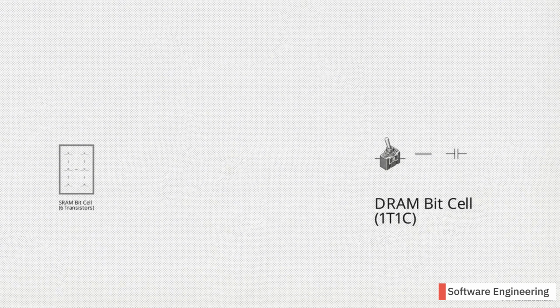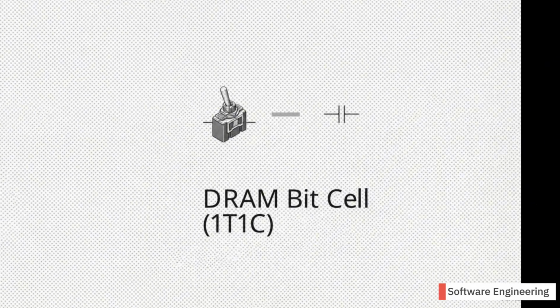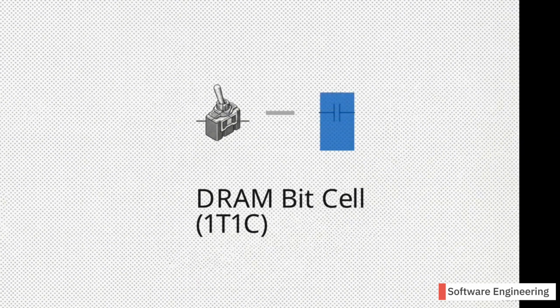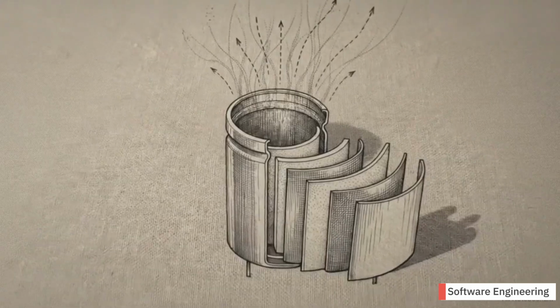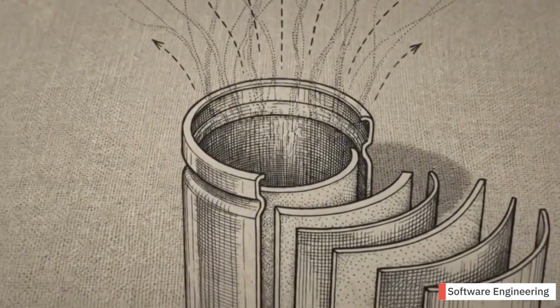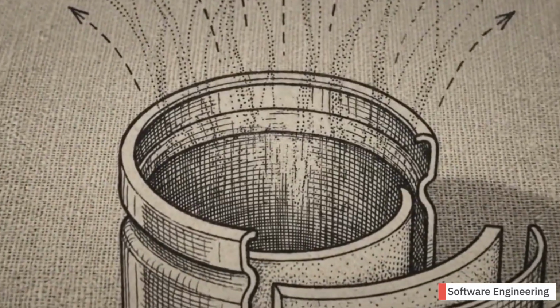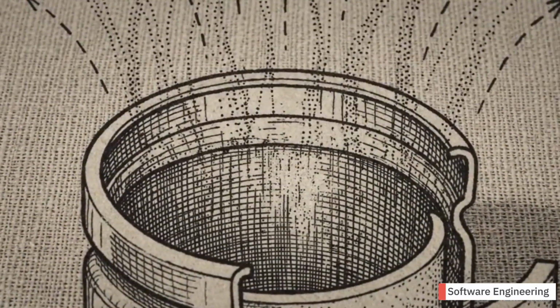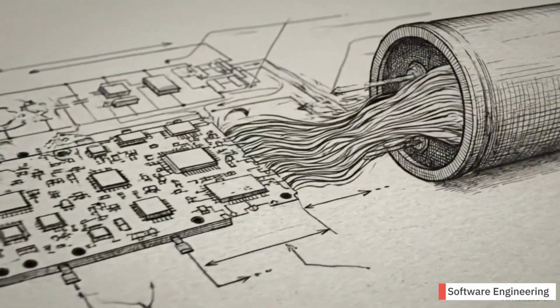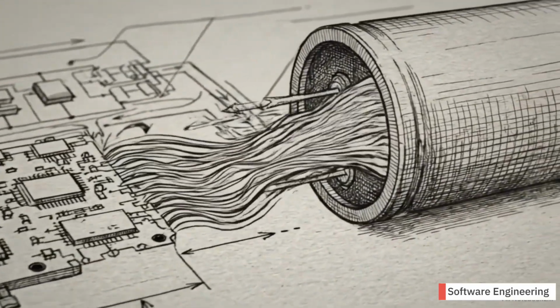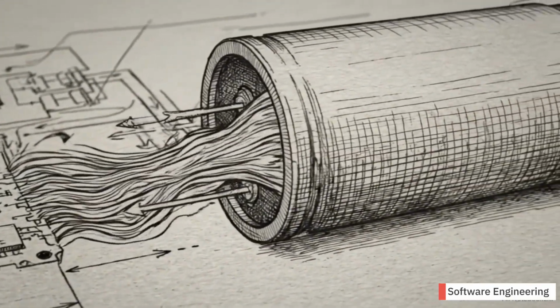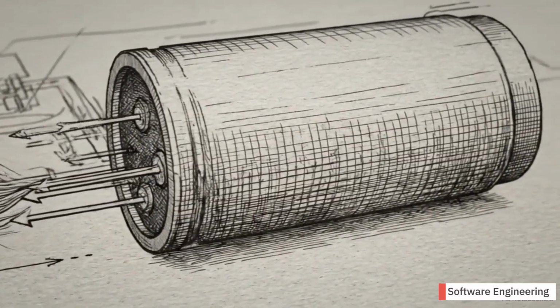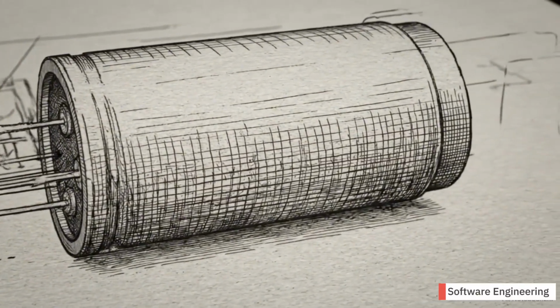In this simplified circuit, the capacitor holds an electrical charge to represent data, and the transistor acts as the access switch. This design has a severe physical compromise. The tiny capacitors constantly leak their electrical charge, meaning the stored data quickly evaporates. To prevent data loss, an external memory management unit, or MMU, must constantly read and rewrite, or refresh, the data, which consumes processing time and power.